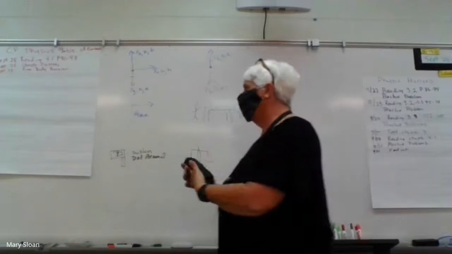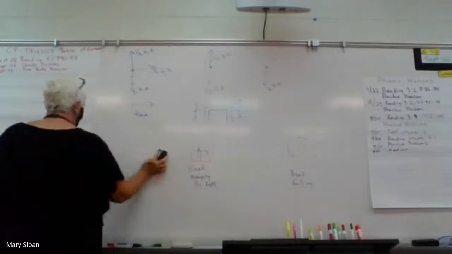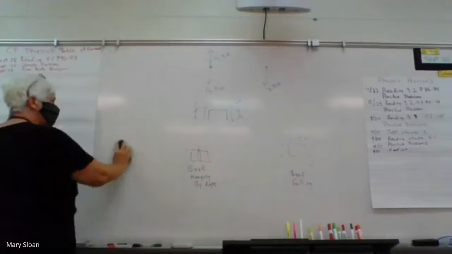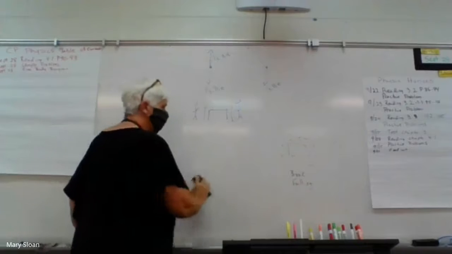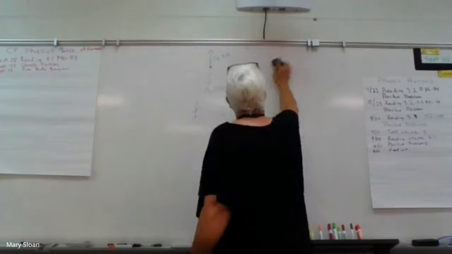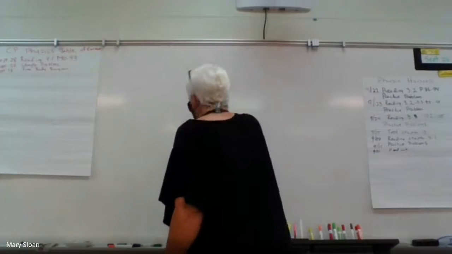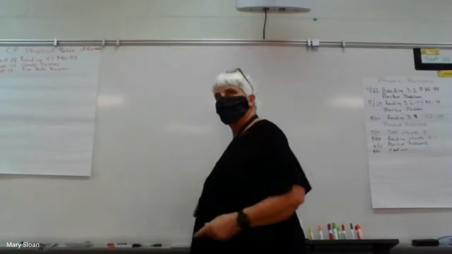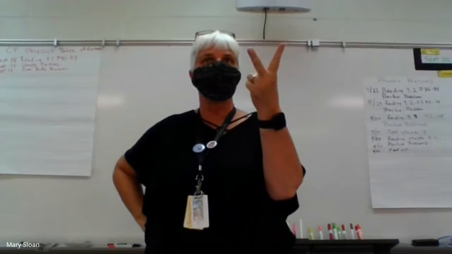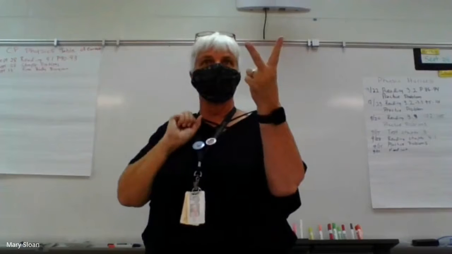Now, if we think of the analogy of a softball or a baseball, there are three ways that a ball can change its motion. What are the three ways a baseball can change its direction? When it gets hit, when it gets thrown, and when it's caught.